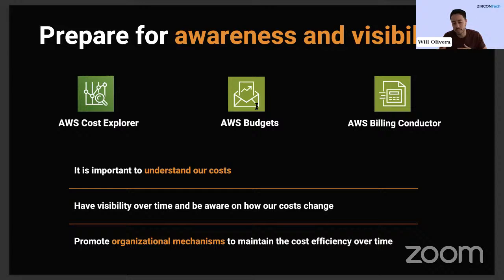While on the other hand, Billing Conductor is a much more advanced tool that you will need if you manage within your account multiple other AWS accounts or units, and you want to customize the experience of the invoicing, right? So you can create custom invoices. You can also work with chargebacks to balance the costs between your different organizations. So all in all, I will say always use Budgets. And if you have the ability to manage multiple organizations, go for Billing Conductor. Got it. Okay.